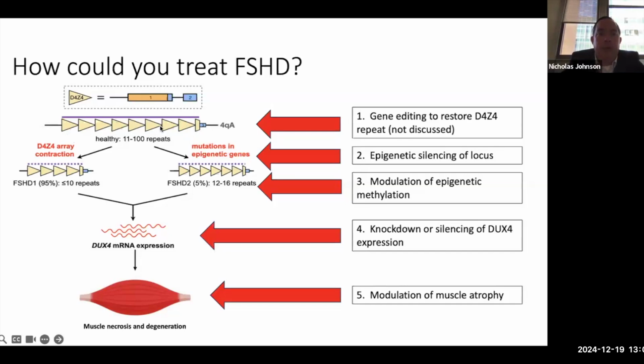If, however, you have less than 11 of these repeats, which is FSHD1, you end up with what's called hypomethylation, which is kind of like unwinding a ball of yarn, and you end up with DUX4 expression, which is toxic to muscles. Or you can have a mutation in a gene that's supposed to wind the yarn tight, which is an epigenetic gene.